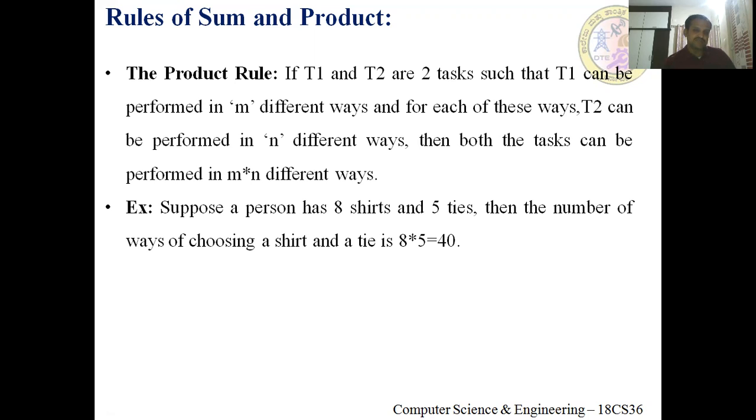Consider an example to illustrate this. Suppose a person has 8 shirts and 5 ties. Then the number of ways of choosing a shirt and a tie is, suppose the person has 8 shirts, S1, S2, S3, S4, S5, S6, S7, and S8. Similarly, 5 ties means T1, T2, T3, T4, T5.